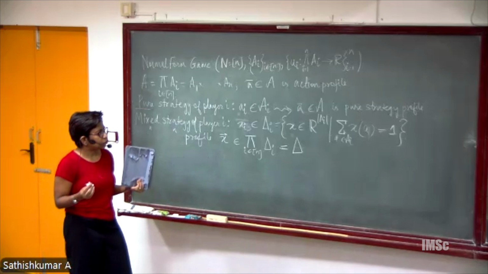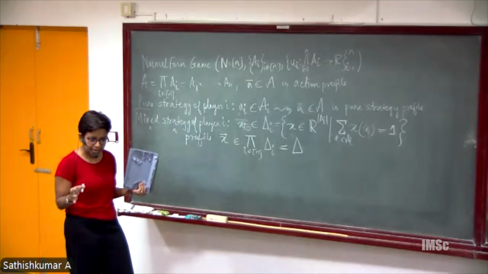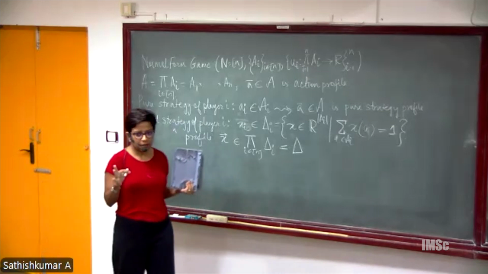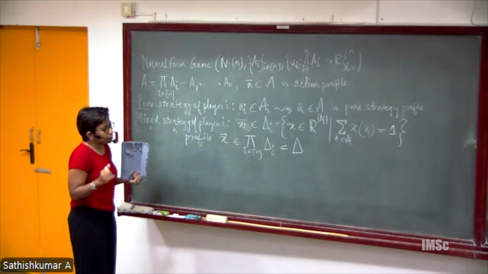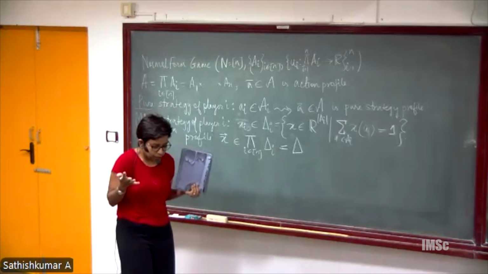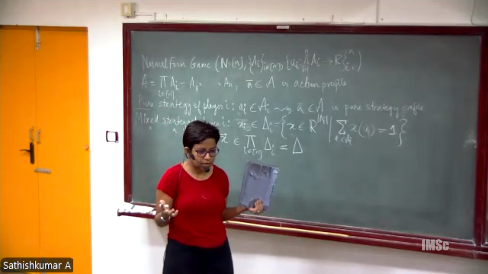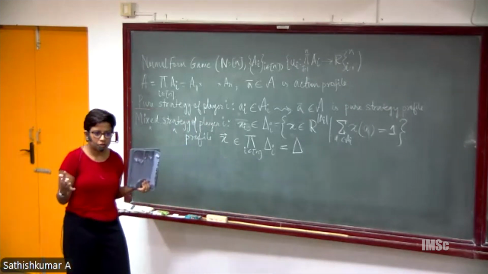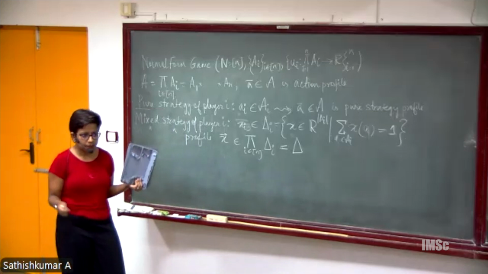There are a lot of interpretations, and people have done serious research on that, studied formally under behavioral game theory. But if we believe that sometimes players use mixed strategies while playing a game, then there should be a natural notion of what their payoff is when they are using a mixed strategy, right?